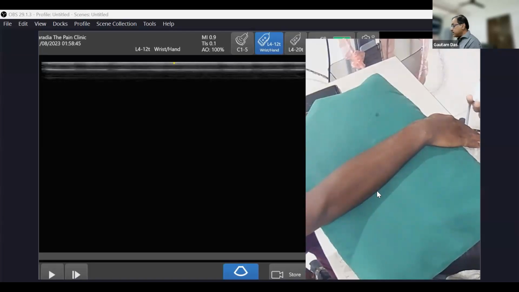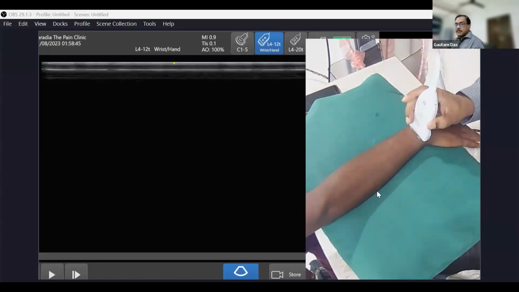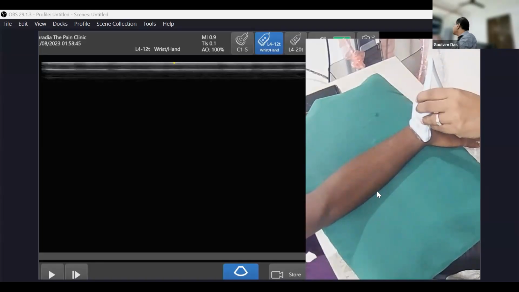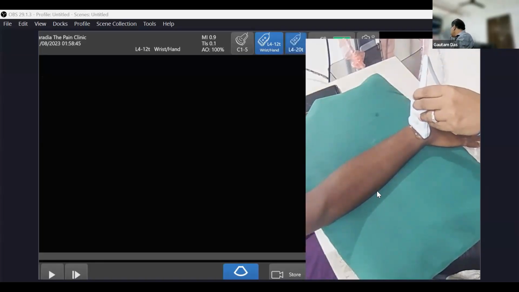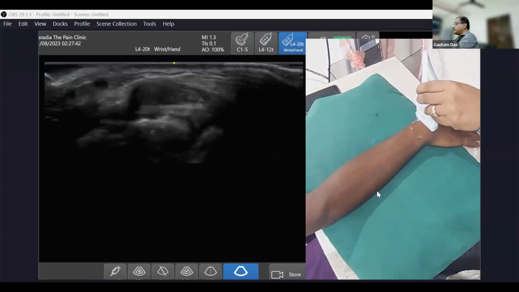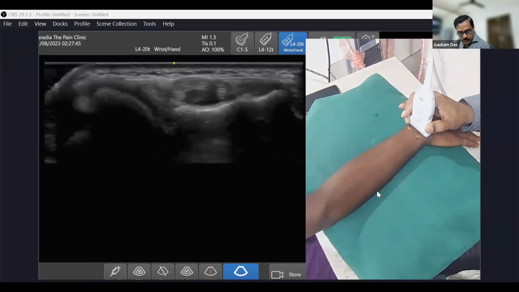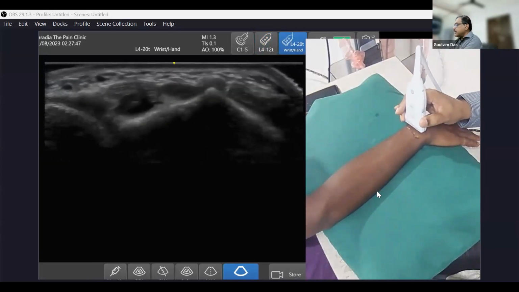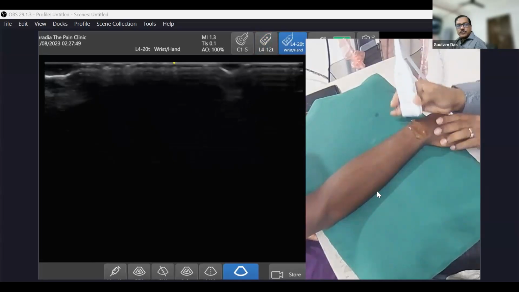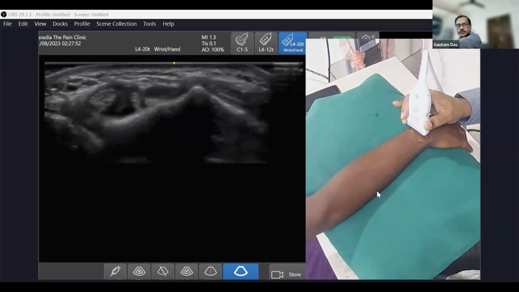So my aspect marker is towards the ulnar side. And I was first palpating over the Lister's tubercle. So this bony projection here is your Lister's tubercle.